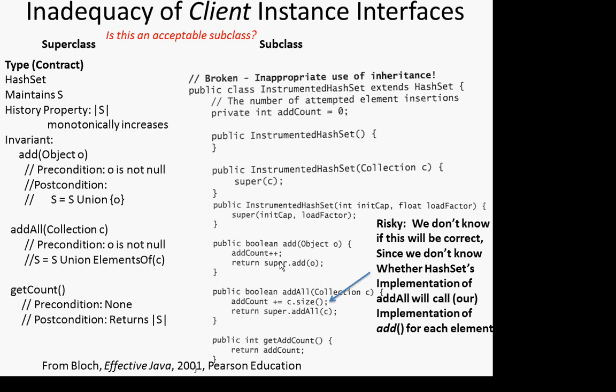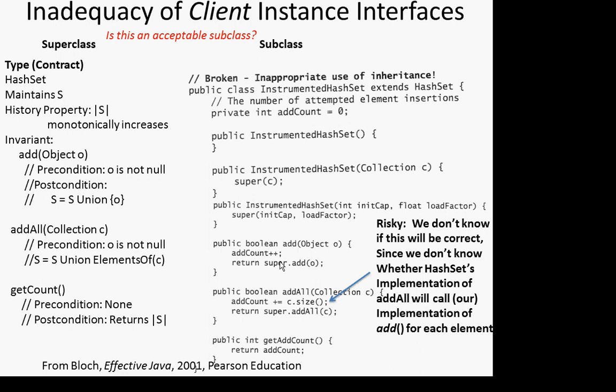Yep. What breaks is our code, because we wanted to guarantee that we were correctly keeping track of the number of items added into this hash set. It used to work, maybe if it did call add, and now suddenly the superclass has shipped a new version, which also works for it just fine, but it's broken our code.